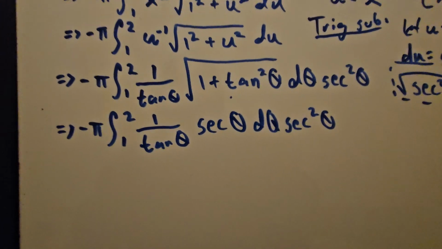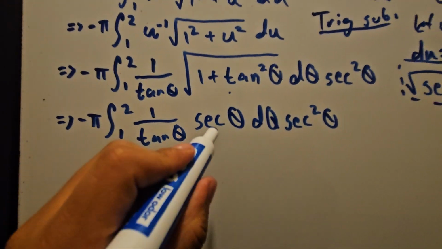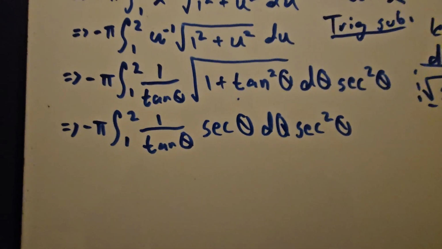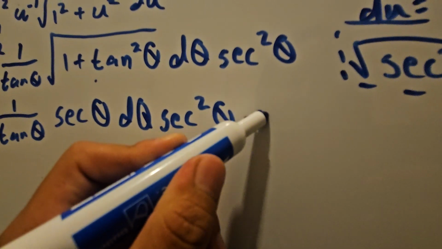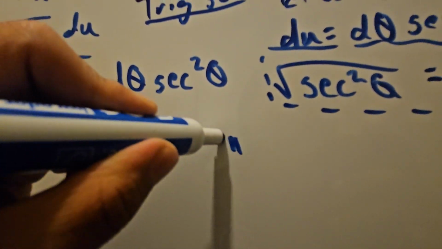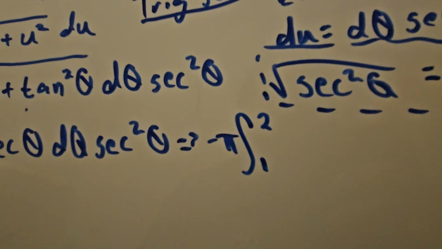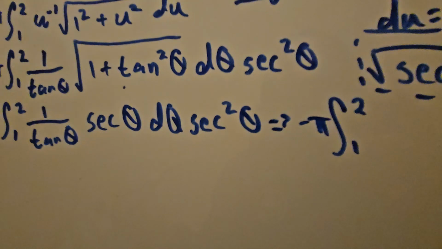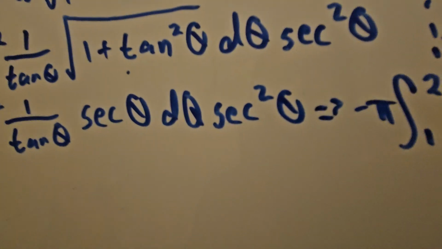Okay, let's go ahead and rewrite this in terms of sines and cosines as well. So this gives us, rewrite the integral as negative pi integral from 1 to 2. Remember, tangent is sine over cosine, right? But since we're taking the reciprocal, it's actually going to be cosine over sine.